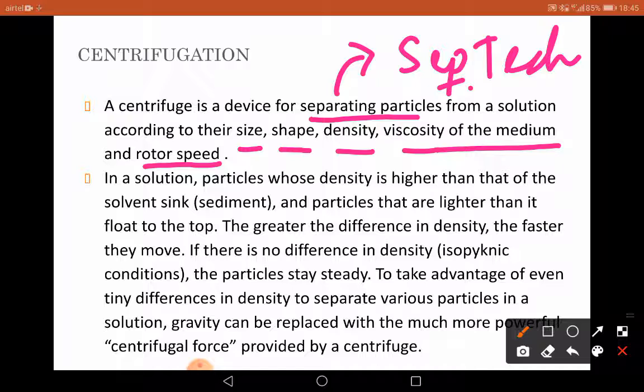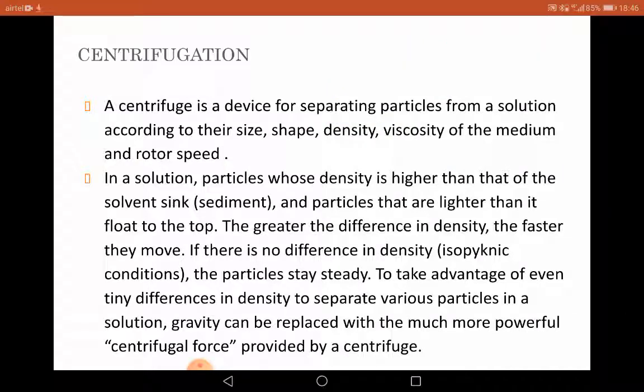When we break up a cell, we have different subcellular components, like mitochondria, ribosomes, lysosomes, chromosomes, Golgi bodies, and a lot of cell organelles which differ in shape, size, and density.